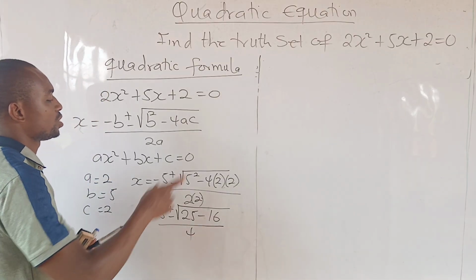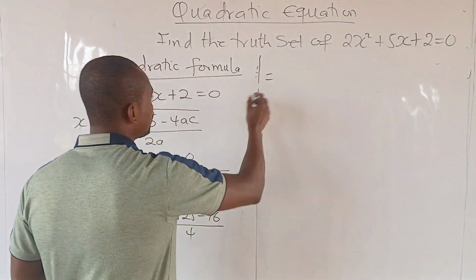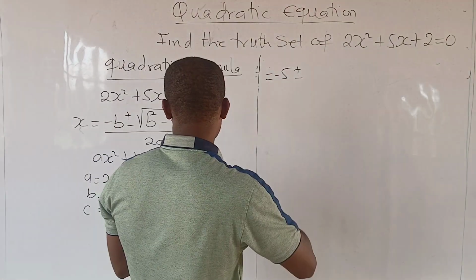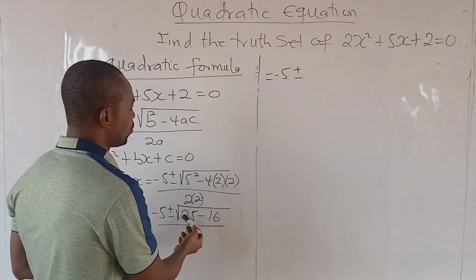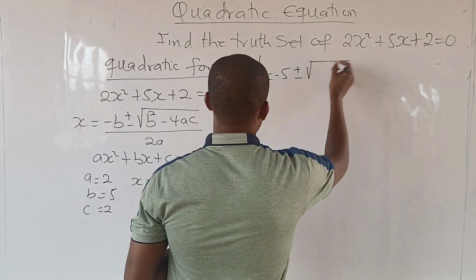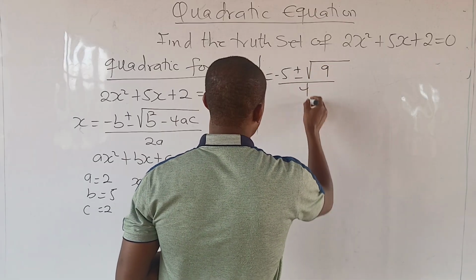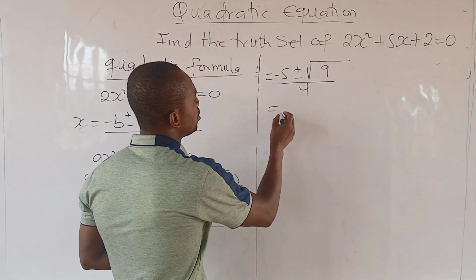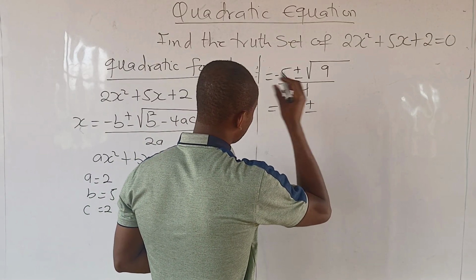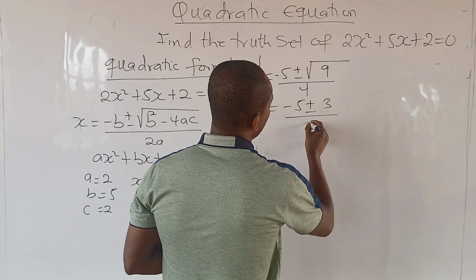So let's continue it here. So you get negative 5 plus or minus, then you solve what is in the square root here. So you are going to get 9 all on 4. So you continue, negative 5 plus or minus, square root of 9 gives us 3, all on 4.